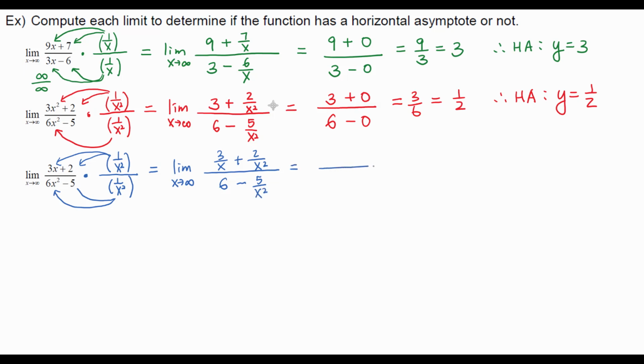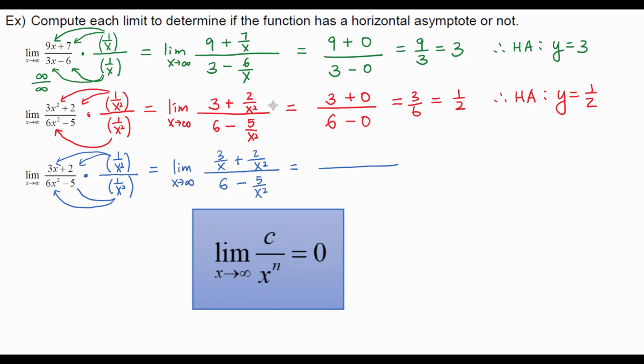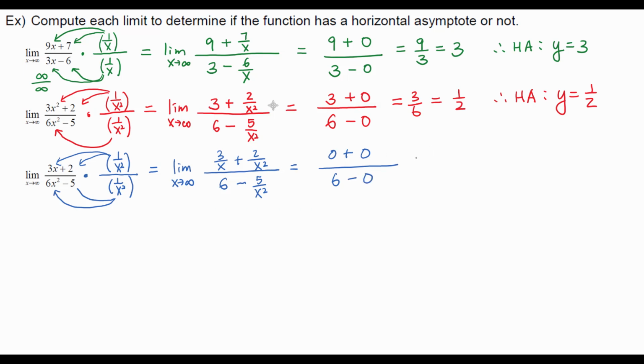And then if you take the limit of each, the limit of 3 over x as x approaches infinity is 0, plus the limit of 2 over x squared as x approaches infinity is 0. The limit of 6 is 6. The limit of 5 over x squared as x approaches infinity is 0. So you are going to get 0 over 6, which is 0.